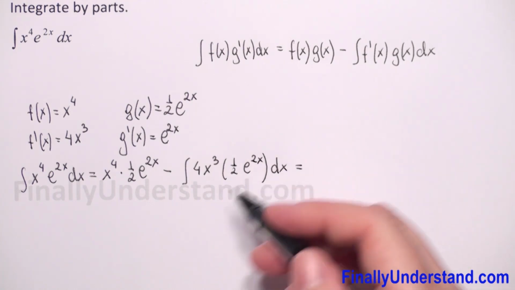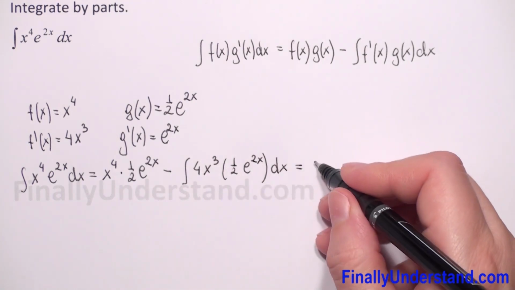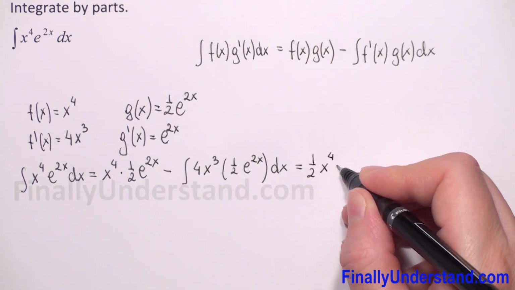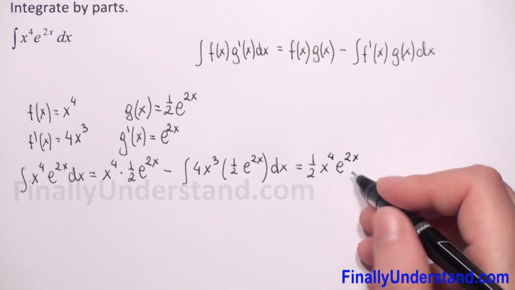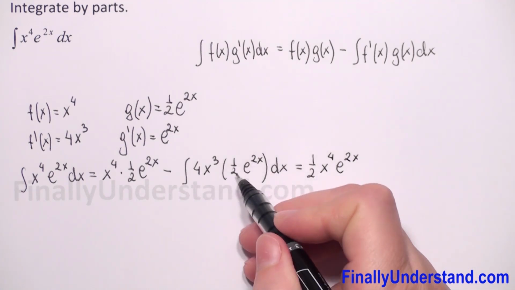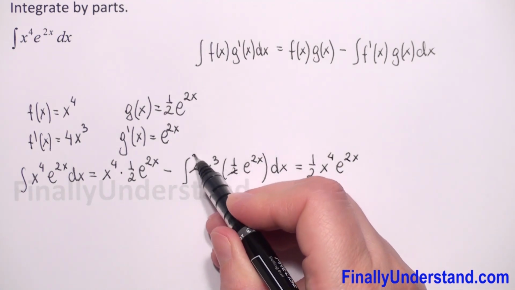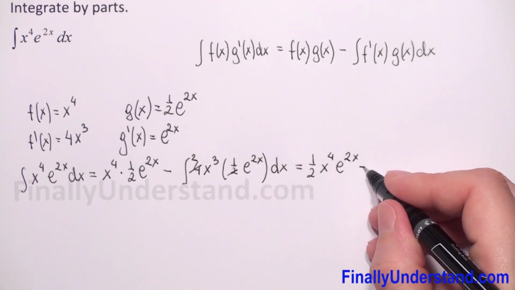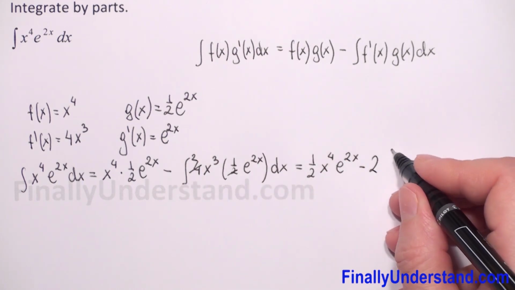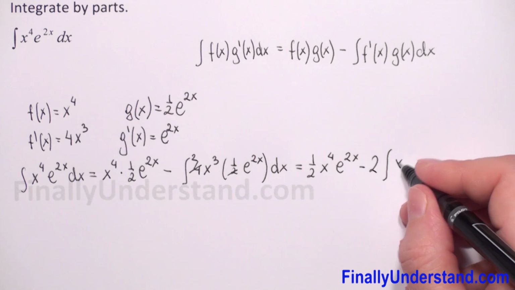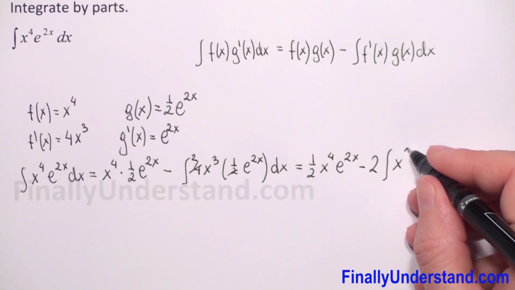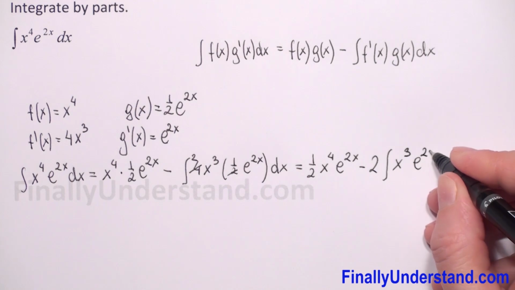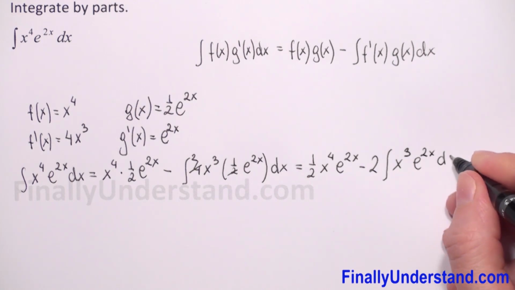This is equal. First we will put constants, so we have 1/2 x to 4th power e to power 2x, and we can reduce 2 with 4, which will be 2. I will put this constant before the integral, so we have minus 2 times the integral of x to third power times e to 2x dx.